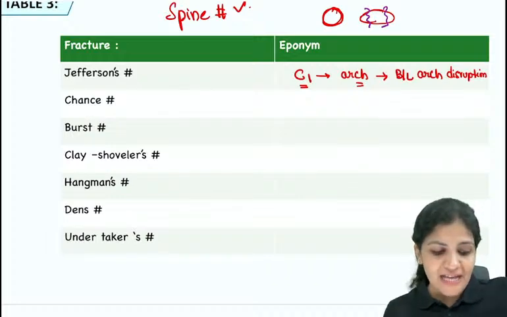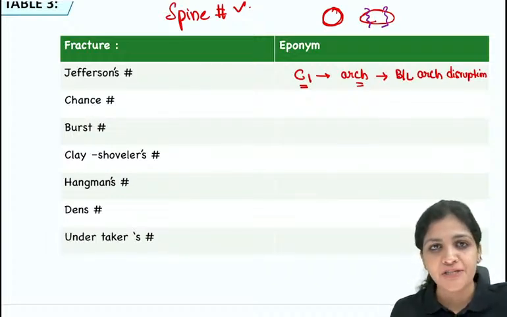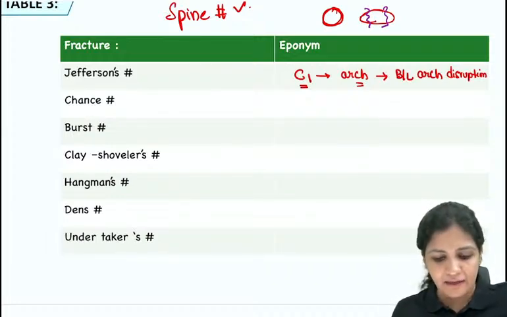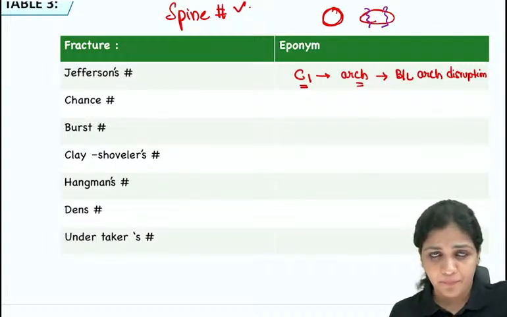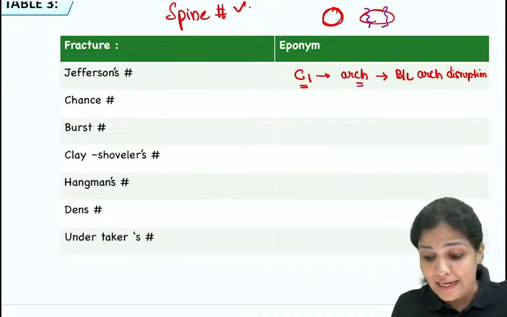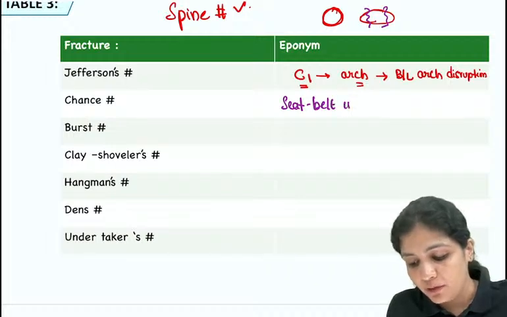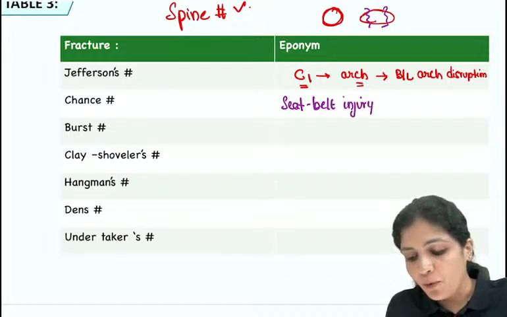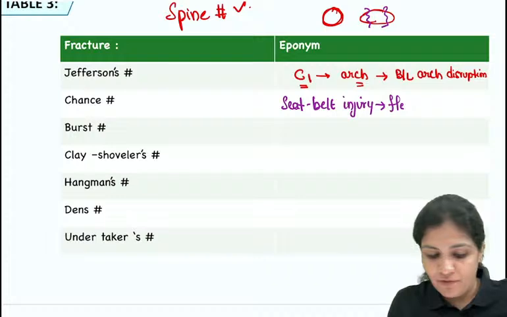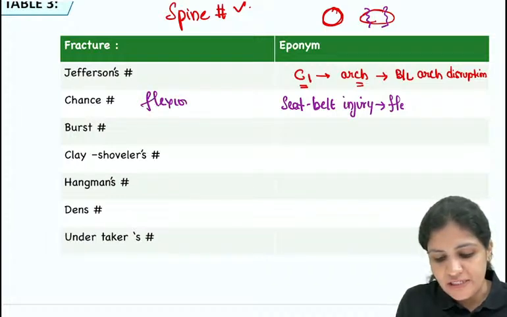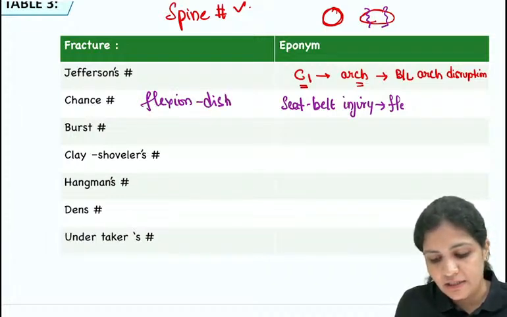Then what is a chance fracture? Is that occurring by chance? Chance fracture is a type of seat belt injury, very important while dealing with your polytrauma, and the other name given to this is flexion distraction injury.